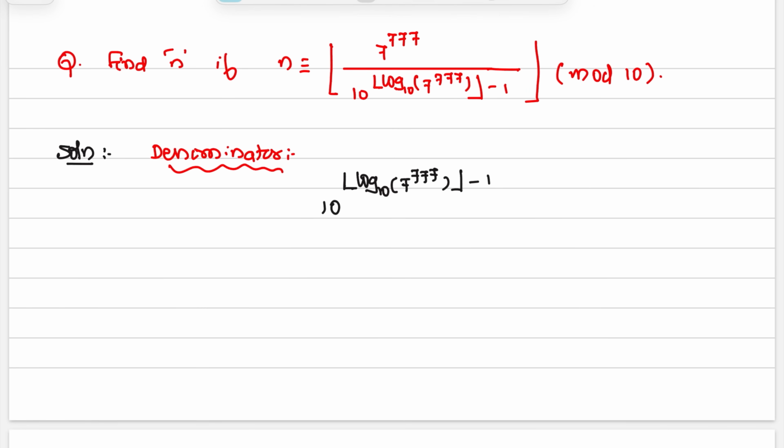Now in this, let us say this particular part, log of 7 to the power of 777 to the base 10, is equal to x. Then this will become 10 to the power of floor of x, minus 1.